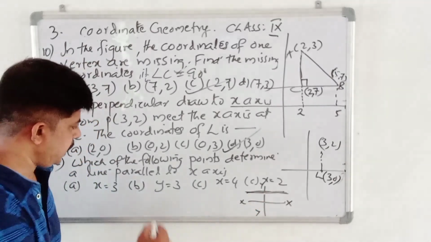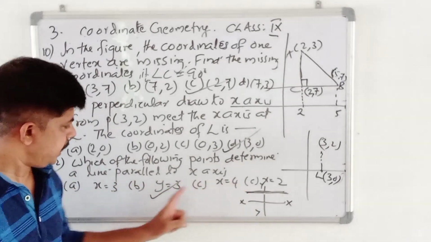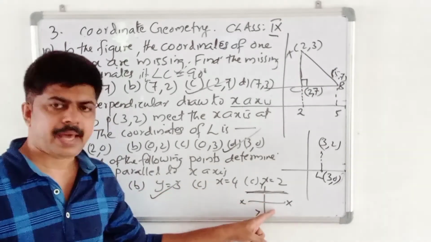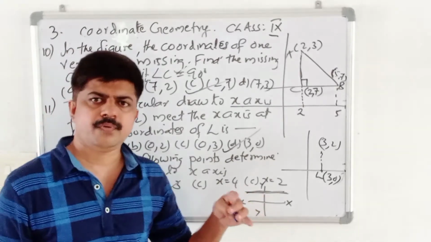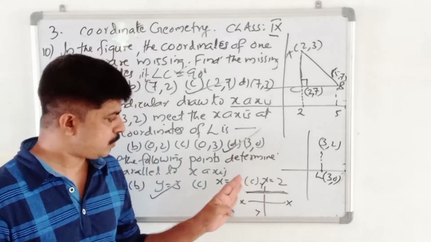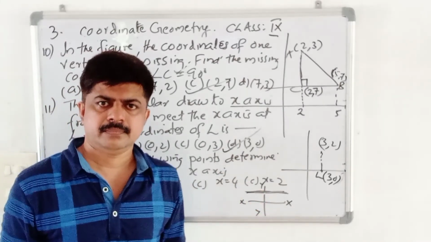Therefore, our answer is definitely y equal to 3. The remaining ones are x only. Therefore, y equal to 3 is the line parallel to the x-axis. Lines parallel to the x-axis are of the form y equal to a. Lines parallel to the y-axis are of the form x equal to a.